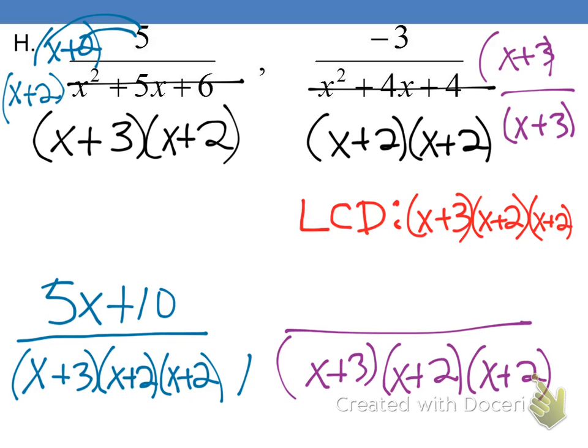If it's not, you didn't multiply that rational expression, that fraction, by the right thing, okay? Now, what is negative 3 times x? What is negative 3 times positive 3? All right. There you go. Questions? That is your answer. If we were writing it and we wanted to save time, could we just write x plus 2 squared?